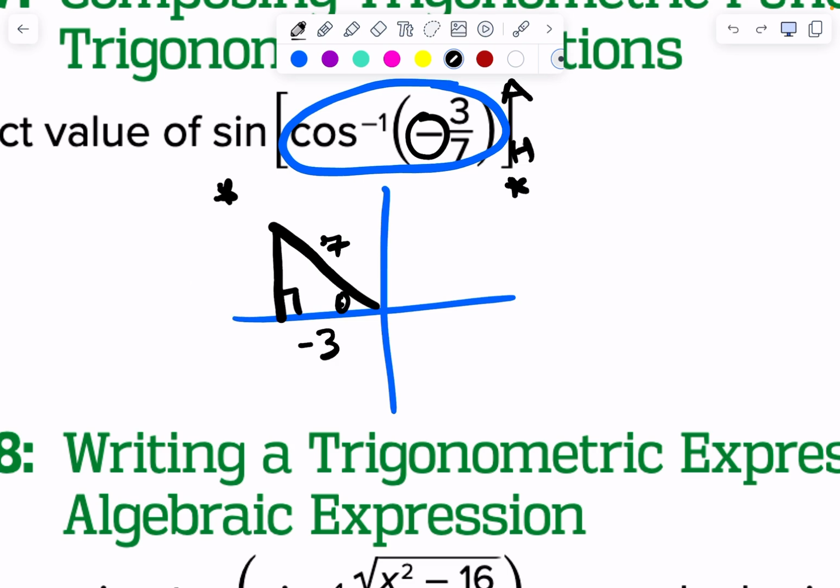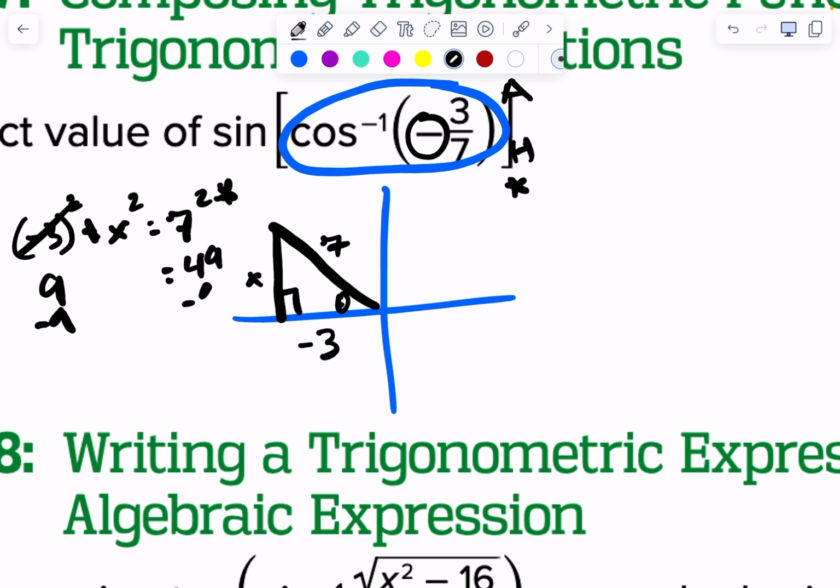Now, the only problem: you people with the calculator, you can just type this in and it will give you a decimal. Probably. This side is going to be the square root of 40. Let's check: negative 3 squared plus x squared, because this is my side x, equals 7 squared. Negative 3 squared is 9, 7 squared is 49. If I'm trying to solve for x, I subtract, and x squared equals 40.